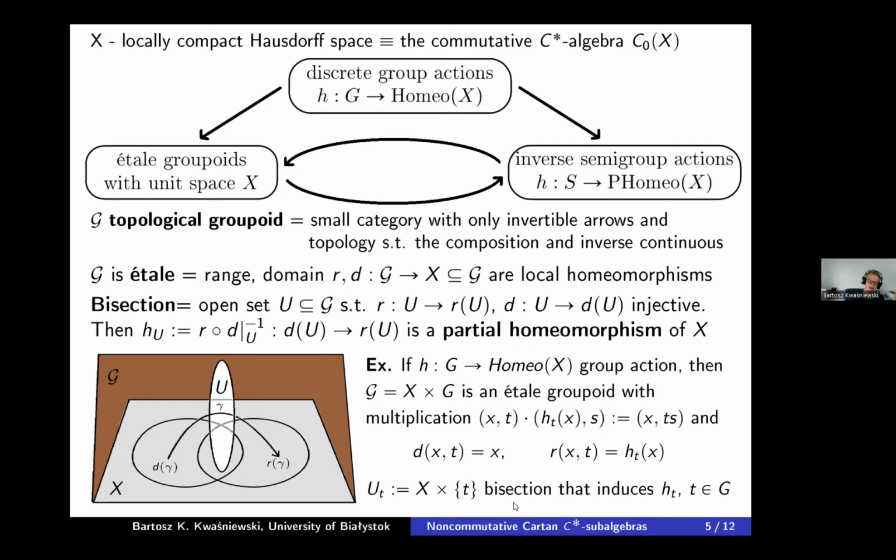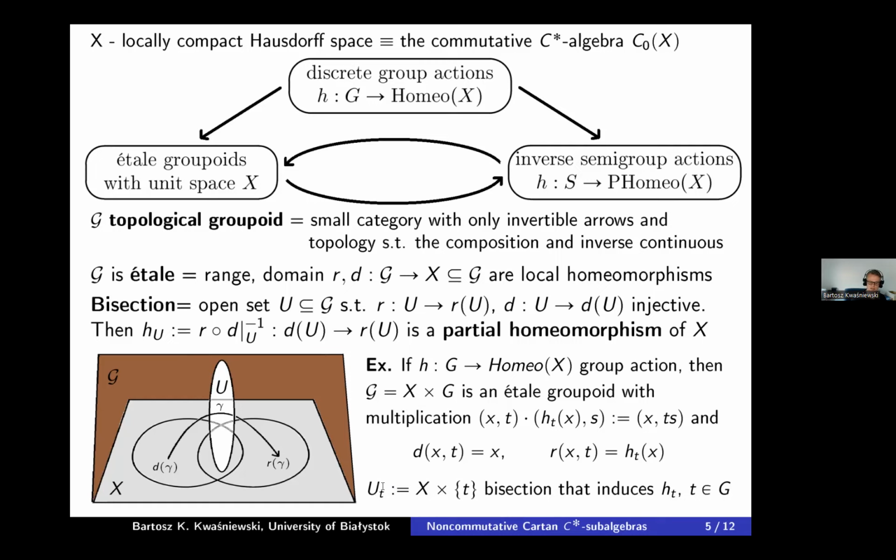So if you look at this bisection, the t layer of this product, and look at it as a partial homeomorphism, in this example this partial homeomorphism will be a homeomorphism. So one recovers this h_t.